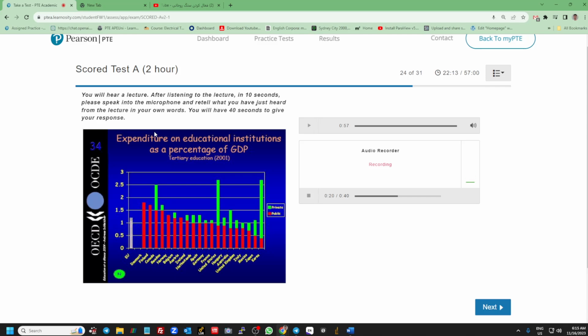It is clear from the lecture that percentage of GDP, expenditure on educational institutions, Europe, and OECD are important. After analyzing this lecture, it can be concluded that UK, GDP, public expenditure, expenditure on educational institutions, and OECD are important facts and figures.